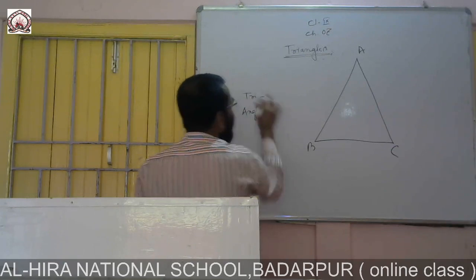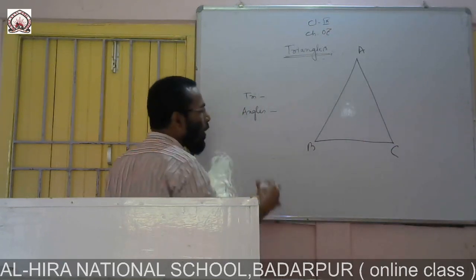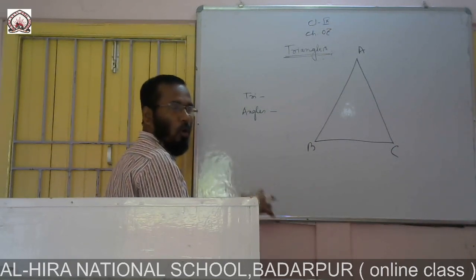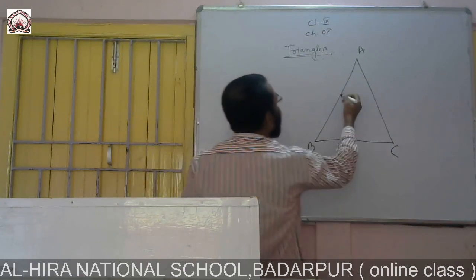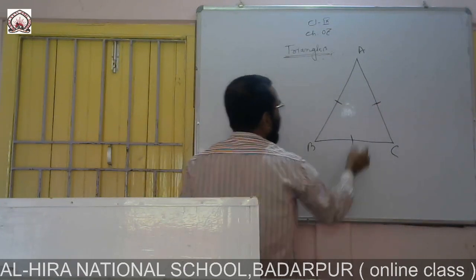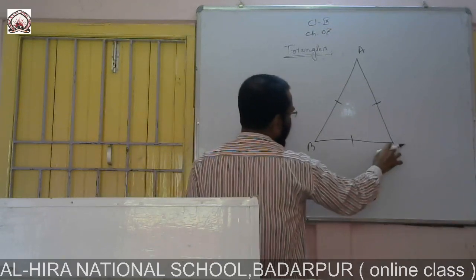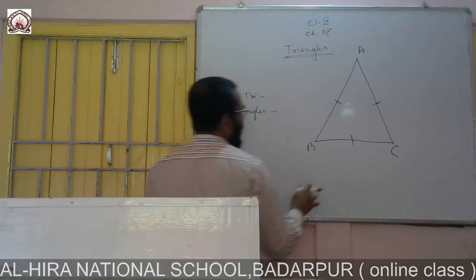So, what is a triangle? A triangle is a polygon consisting of 3 line segments. These 3 lines are AB, BC, CA, and tri means 3.